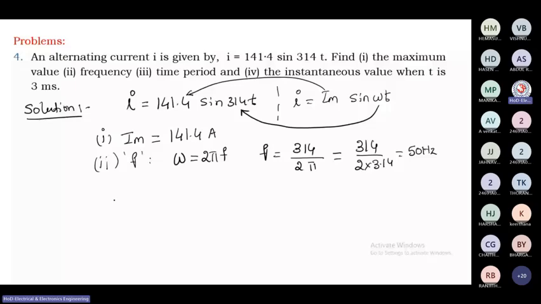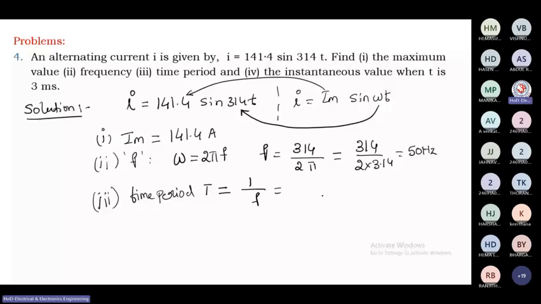So third one is time period. So how will you find time period? Formula to find time period, T is equals to 1 by f.